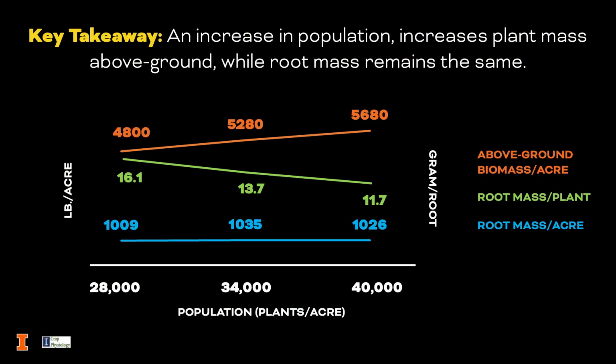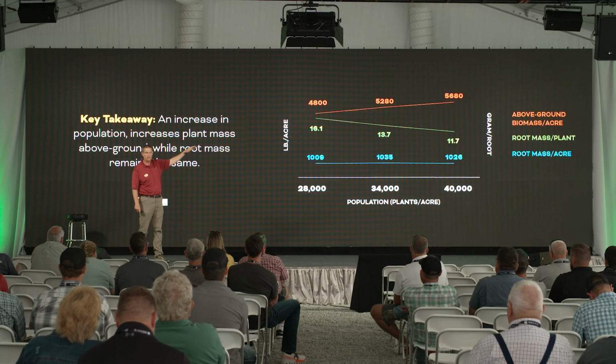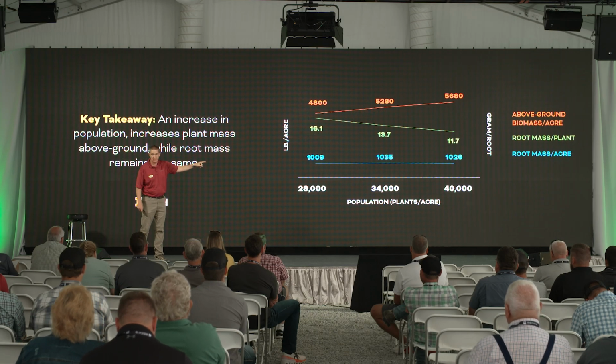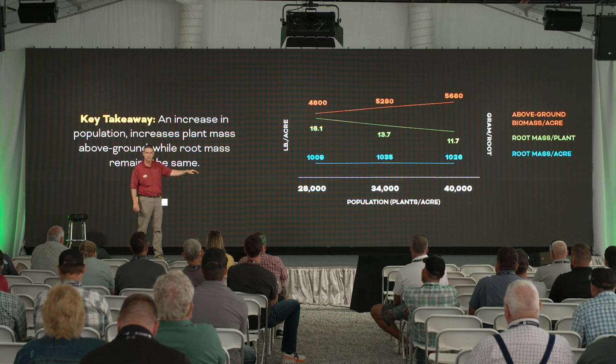So when you look at the data that Sam and his team developed, as we increase our populations, above ground plant biomass increases. That green line then is individual plant to plant root size. It decreases 2.5% for every 1,000 plants we increase.